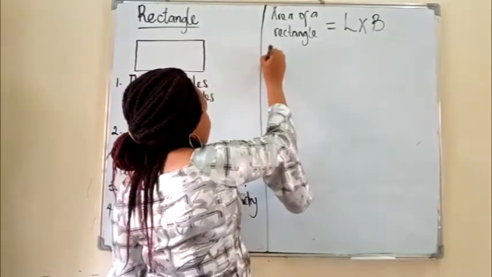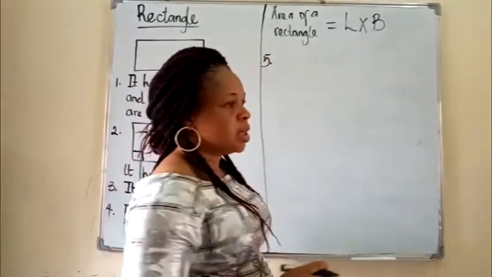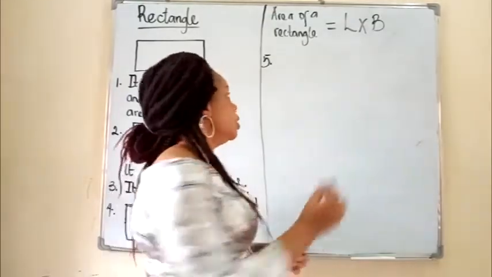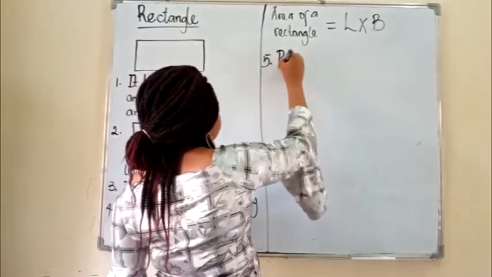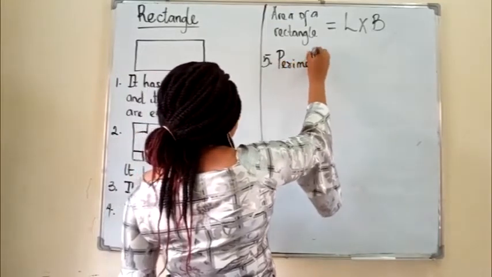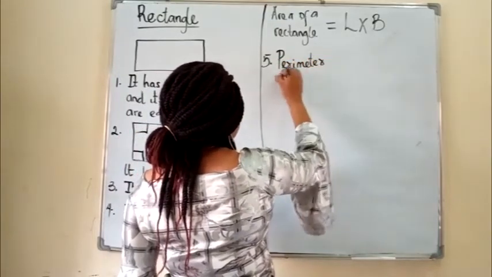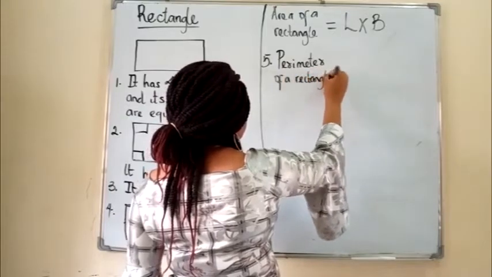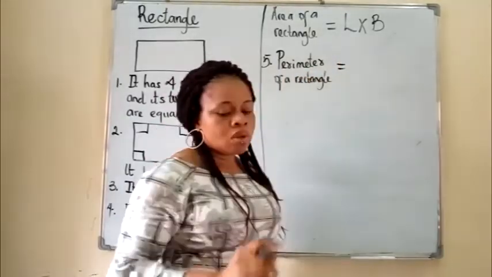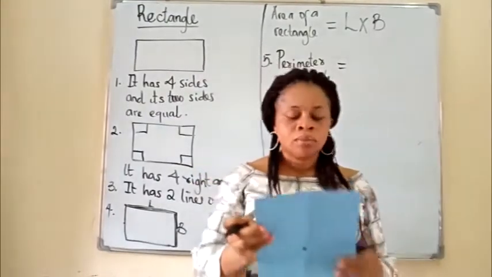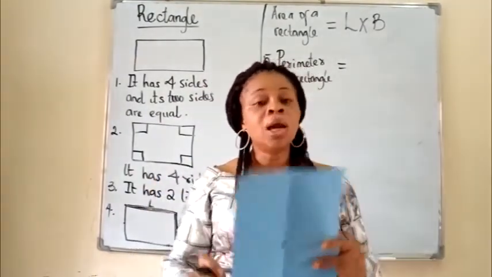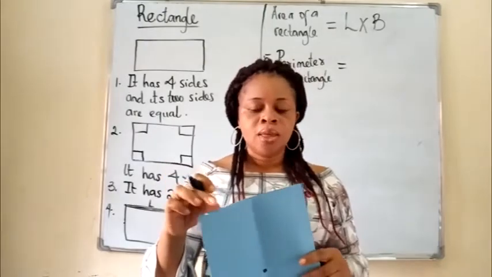The fifth thing I want to mention about a rectangle is how to determine the perimeter of a rectangle. What is perimeter? Perimeter is the total distance around an object.